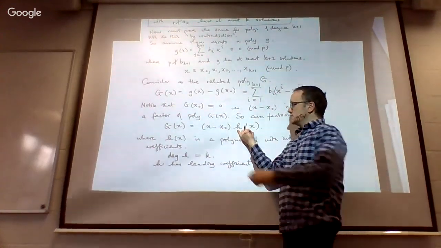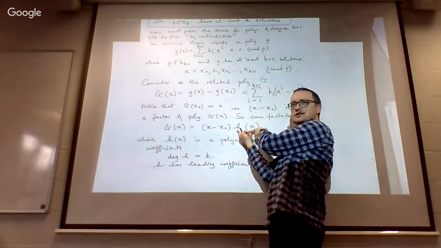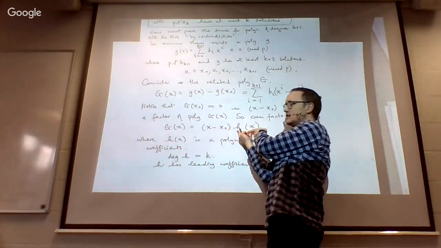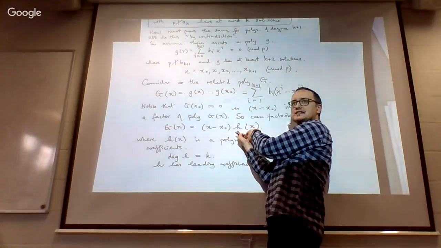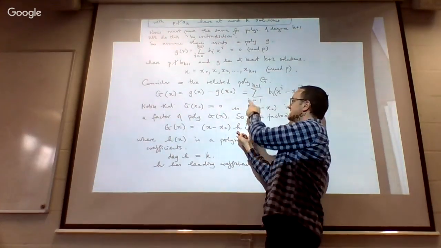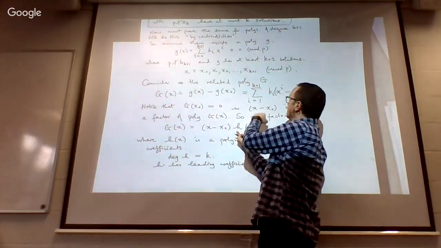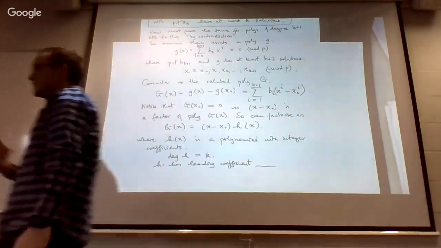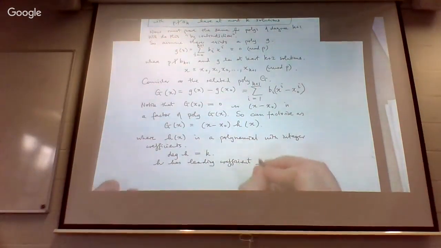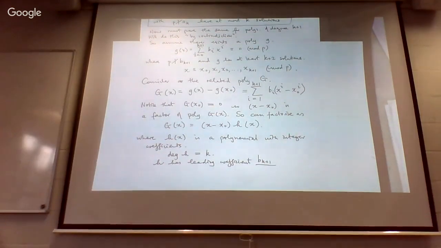When you multiply this out, you have x times the x to the power k term here, which gives you the k plus 1 term. So the coefficient of x to the power k in h must be the same number b_{k+1}. That comes from the factorization. So the leading coefficient is b_{k+1}.